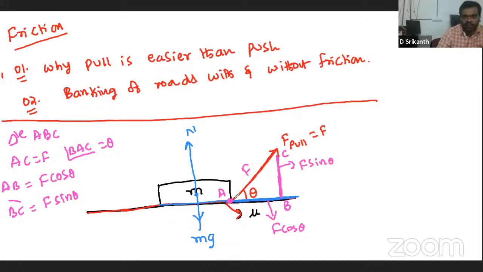Now see here, AC is the resultant. So keep the directions AB bar plus BC bar.